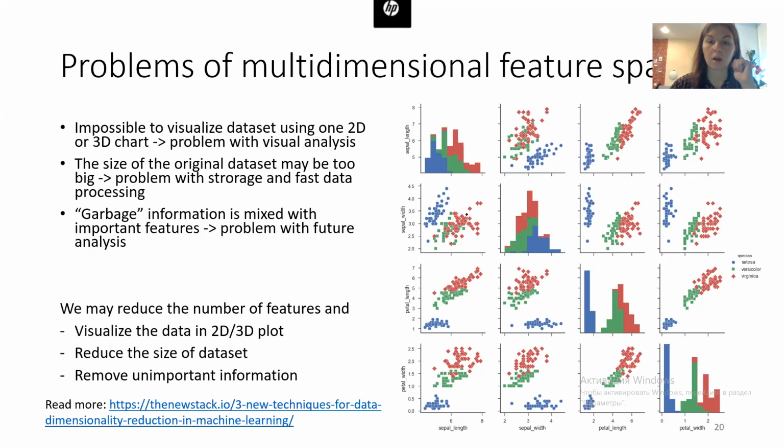In this example, we have 4 features of Fisher irises. You will work with Fisher irises in our lab works, and some of you know what it is. We have sepal length, sepal width, petal length, and petal width.